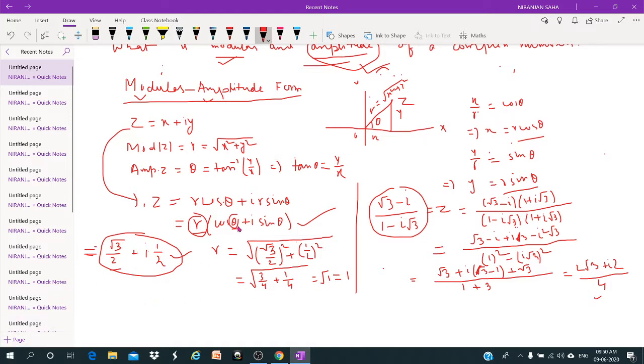And what will theta be? We have to find theta, the amplitude of z.